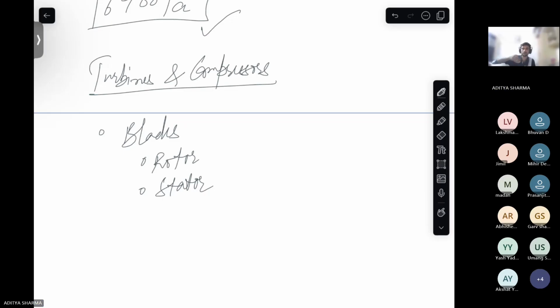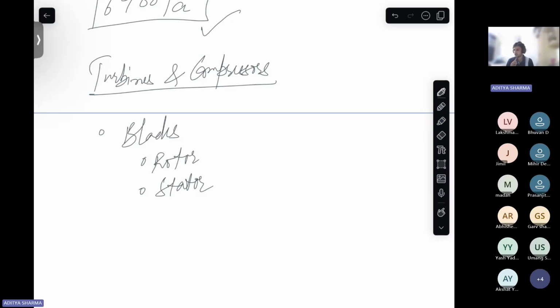Here we call this airfoil structure a blade. So one set of blades will not move, and one set of blades will move. This arrangement is seen in your turbines and compressors.